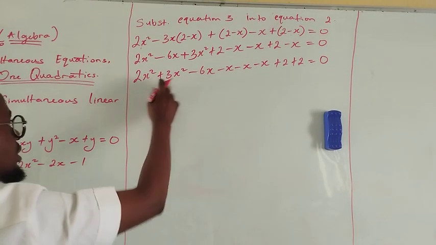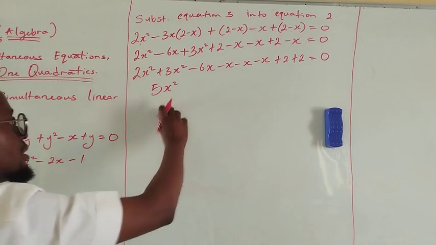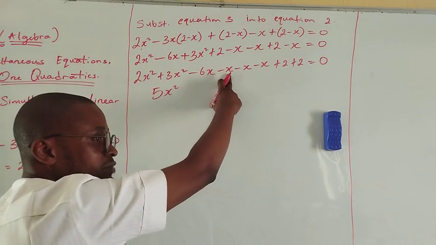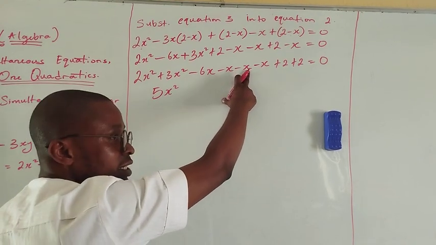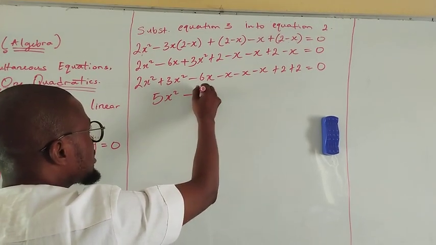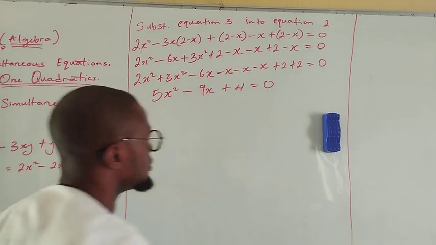So if you add these together, because they are like terms, we are going to have 5x squared. Then minus 7x, minus 8x, and minus 9x. So you have minus 9x plus 4 equals 0.